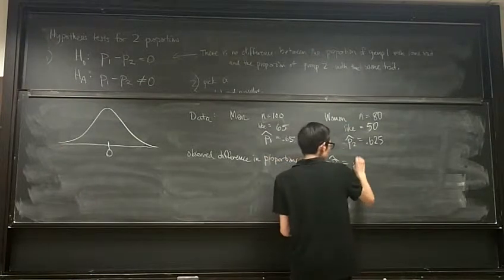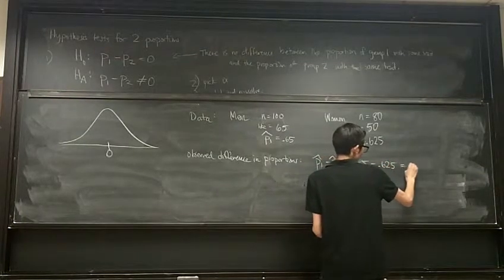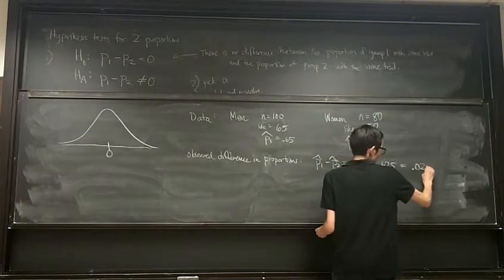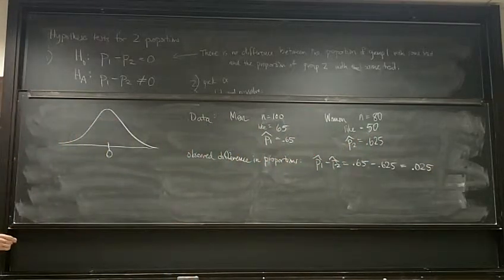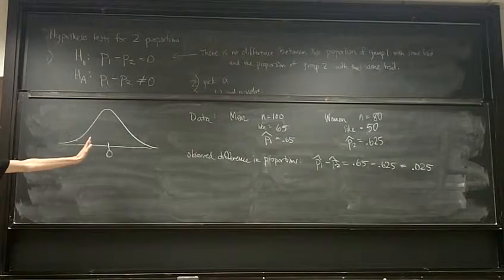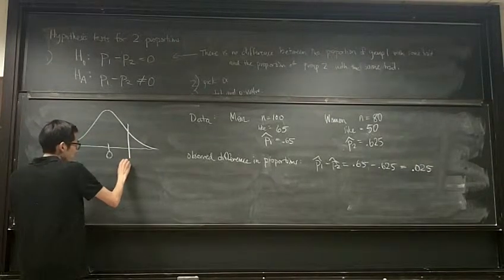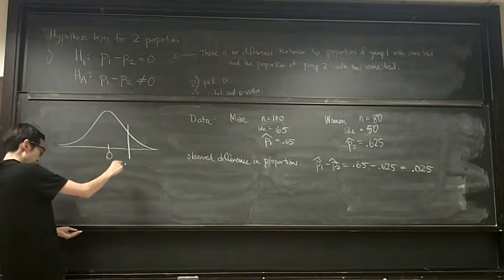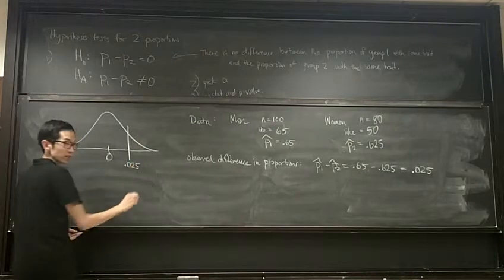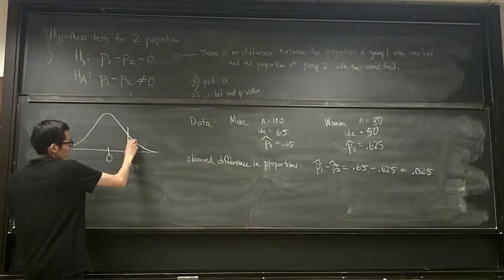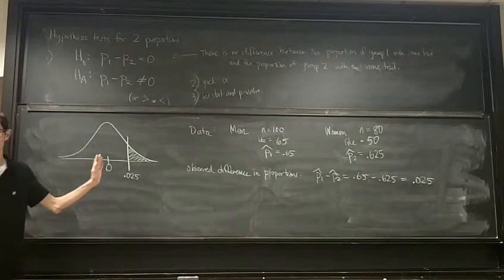And in this case, it's 0.65 minus 0.625 equal to 0.025. So when we look at our picture, we're expecting 0, but we're getting a difference of 0.025. And what's the probability of getting a difference of 0.025 or something more extreme?